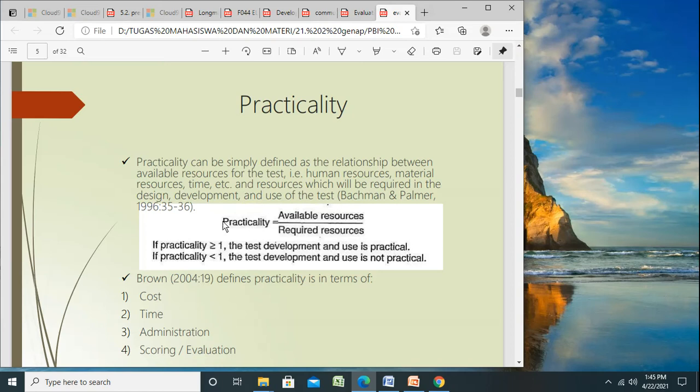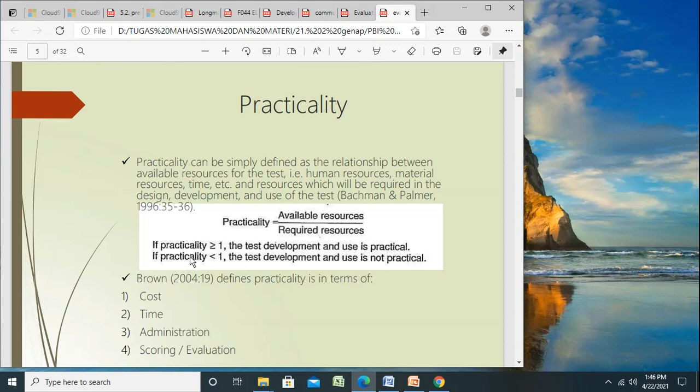So it is the pattern of practicality: available resources divided by required resources. If practicality is more than one, the test development and use is practical. If you divide available resources by required resources, and the result is more than one, you can say that it's practical.